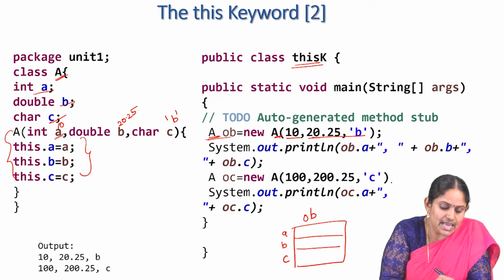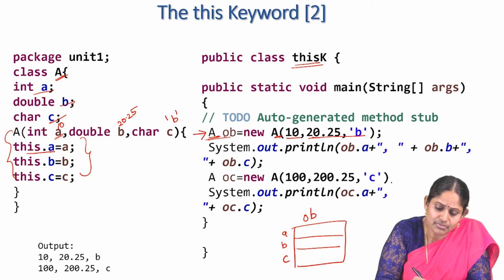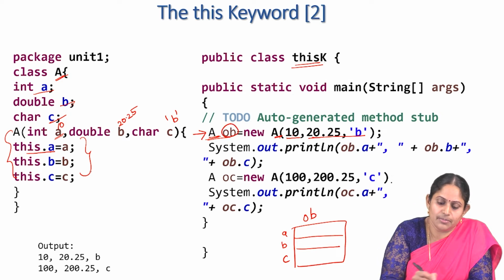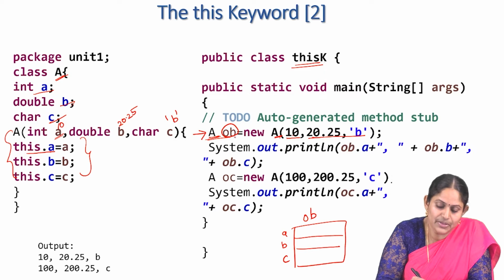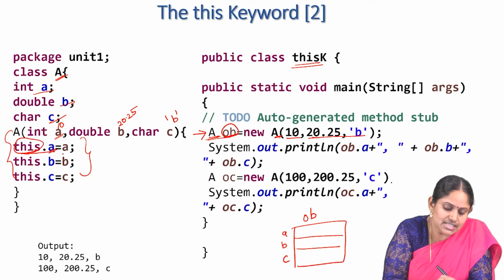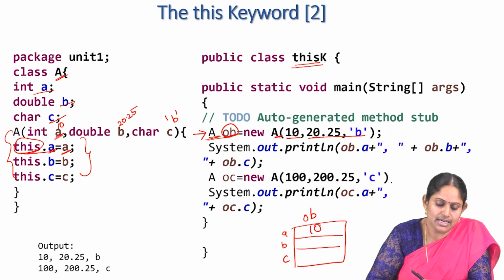So these values are stored into this.A. So this.A means, to whom is it referring? Right now it is referring to the object which has invoked the constructor. So it is OB which has invoked this constructor. Since OB is invoked, the keyword this refers to OB. So OB's A value is set to what is passed here, so it is set to 10.